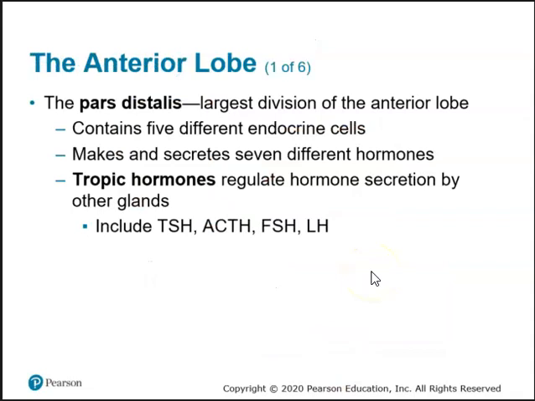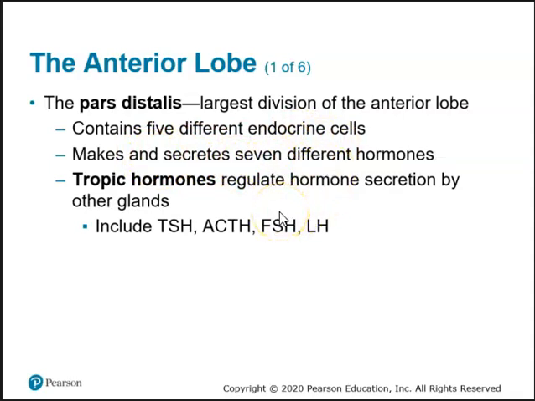So the anterior lobe, what I want you to focus on are the hormones that are secreted by the anterior pituitary gland. So we know the pars distalis of the anterior lobe is the largest division of the anterior lobe, contains 5 different endocrine cells, and makes and secretes 7 different hormones.